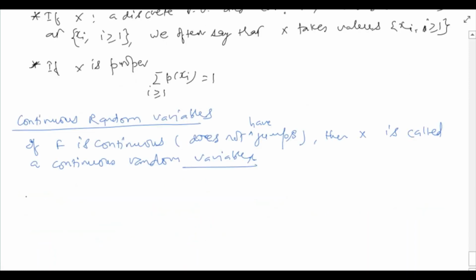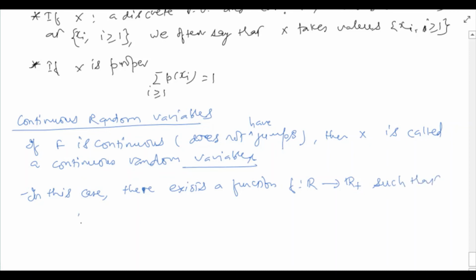In the case of continuous random variables, there exists a function f from R to R plus such that the cumulative distribution function at a point x is the integration from minus infinity to x of f(x) dx.